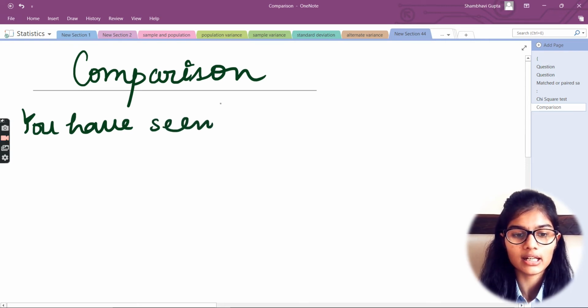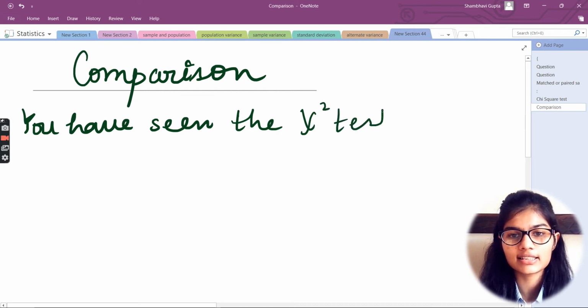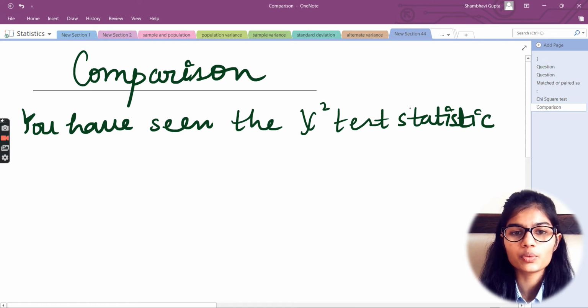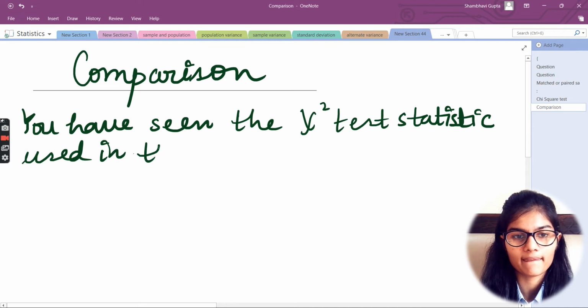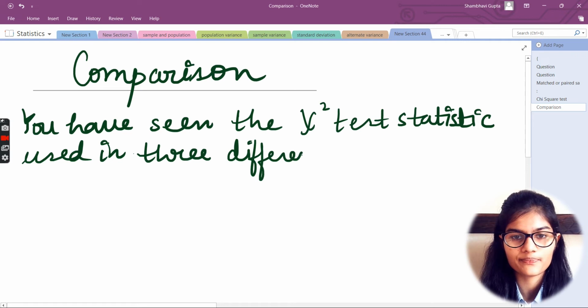You have seen the notation that we used. This was the notation that we used, that this test is a statistic. I will write here, statistic. You have seen that the x square, that's the test statistic, is used in three different circumstances.